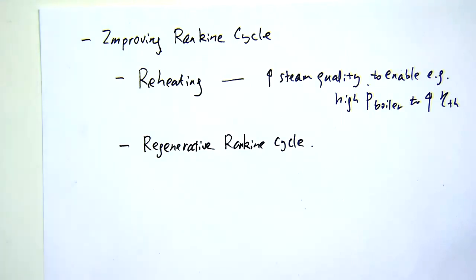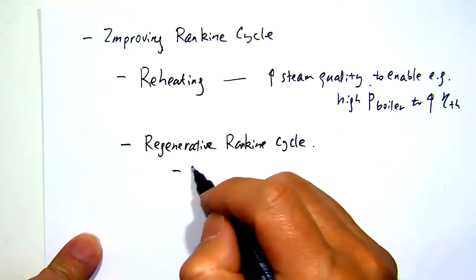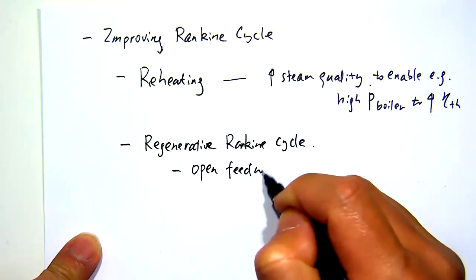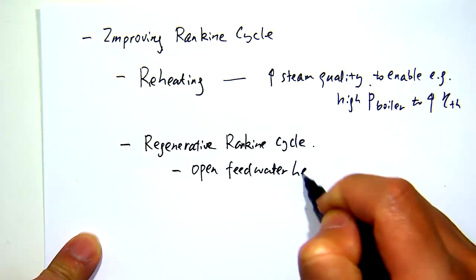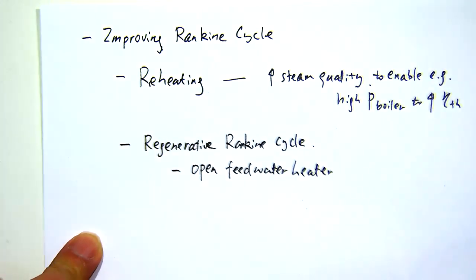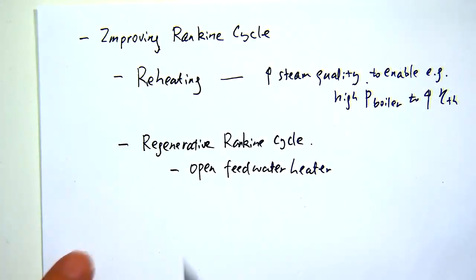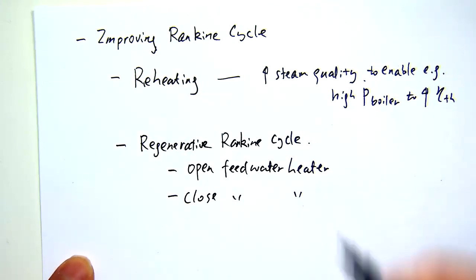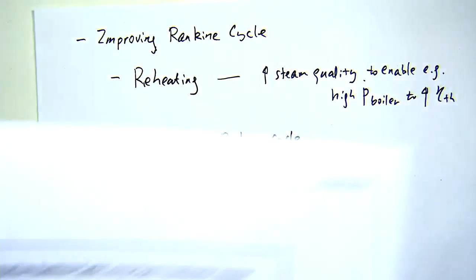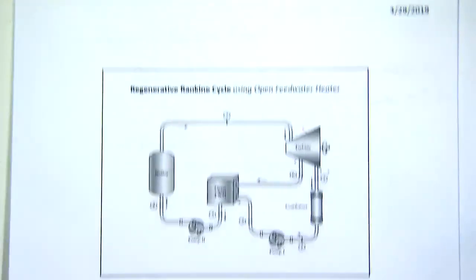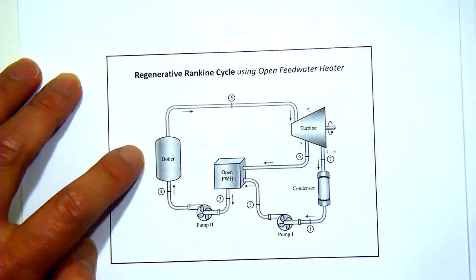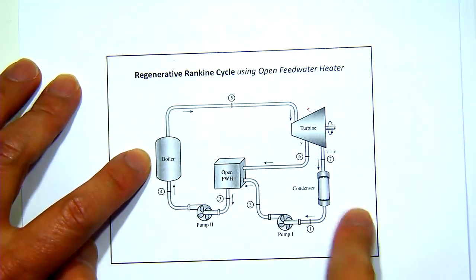There are two ways we can do that. One is called the open feed water heater, which we already discussed, and the other one is called the closed feed water heater.